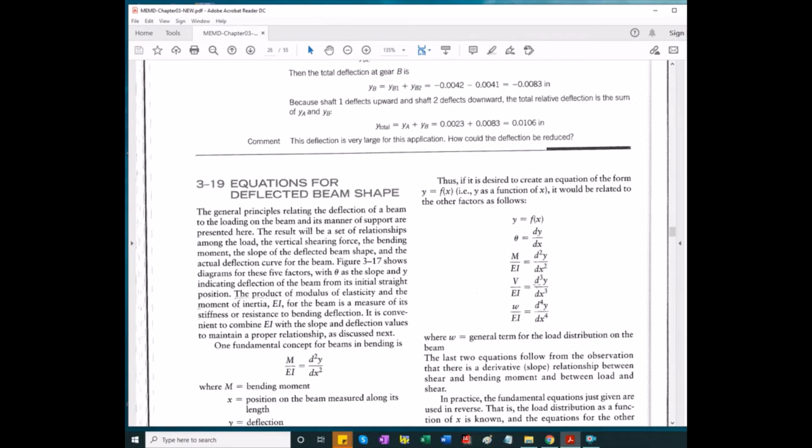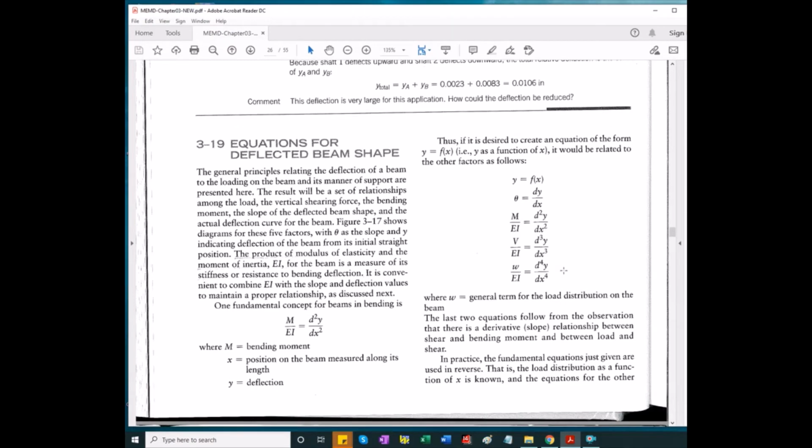So we're looking at these equations. We have the relationship between the moment diagram and second derivative of the deflection following this equation. Third derivative of the deflected neutral axis is equal to the shear force divided by beam stiffness.